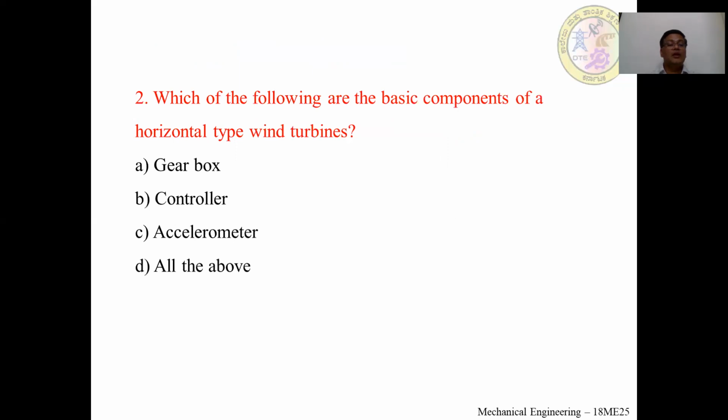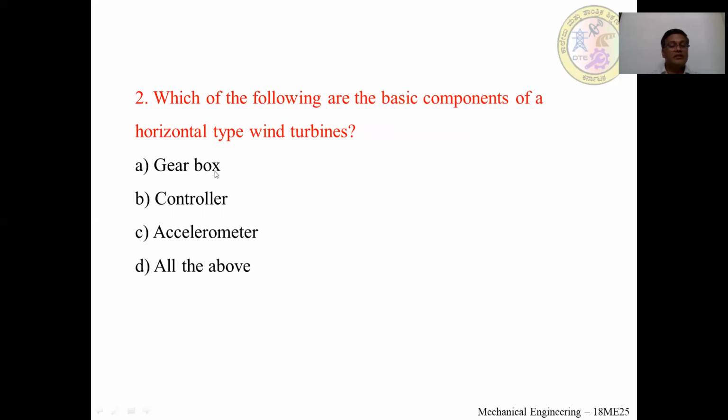And question number 2, which of the following are the basic components of the horizontal type wind turbines? Options are gearbox, controller, accelerometer, and all of the above. To run the horizontal axis wind turbine, these 3 components are necessary.